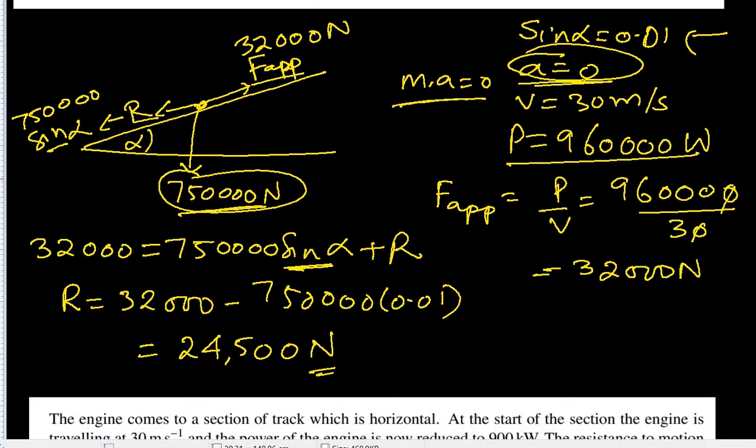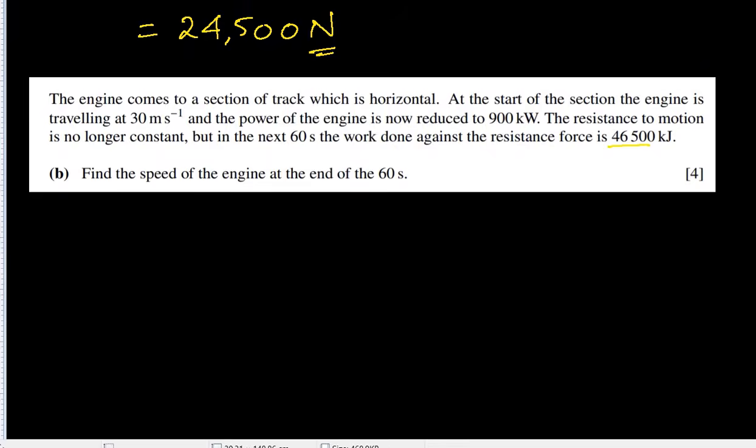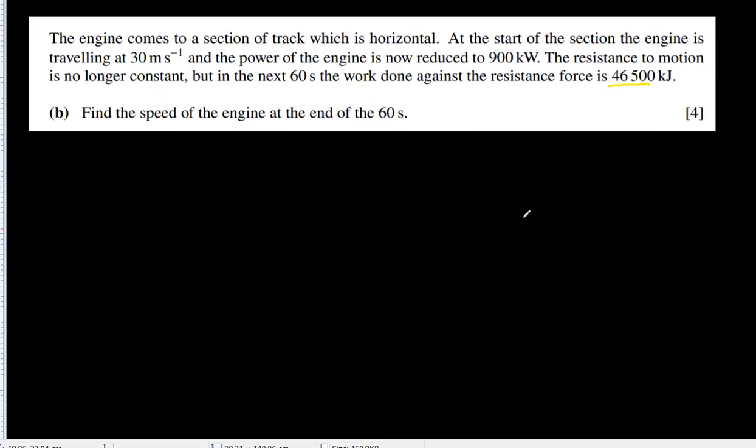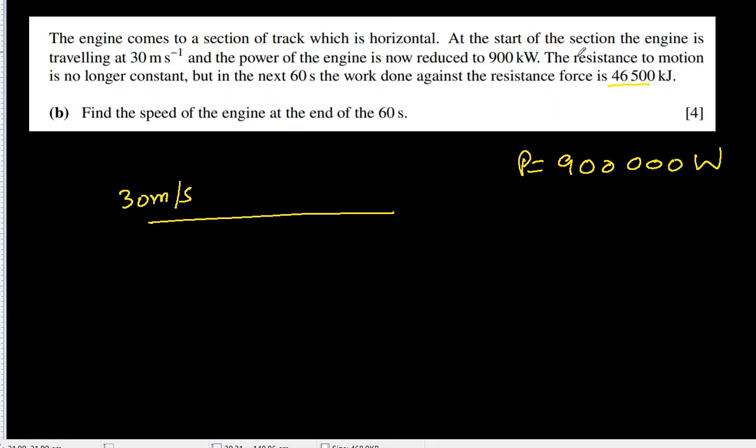Okay, the B part. The engine comes to a section of the track which is horizontal, now no hill. At the start of the section the engine is traveling at 30 meters per second, and the power of the engine is now 900 kilowatts. The resistance to the motion is no longer constant, it is variable.